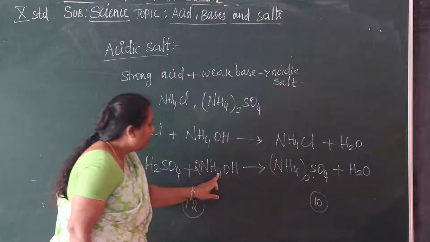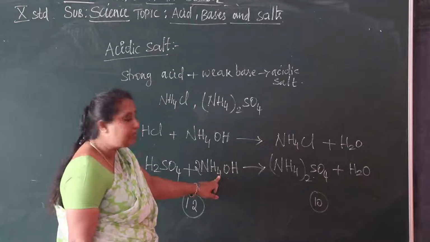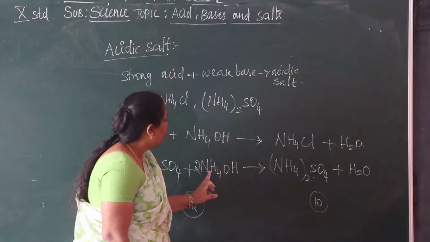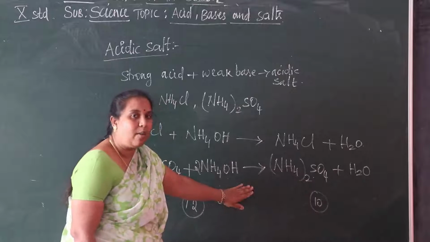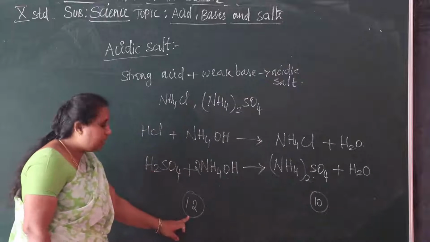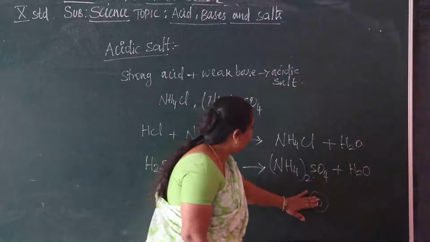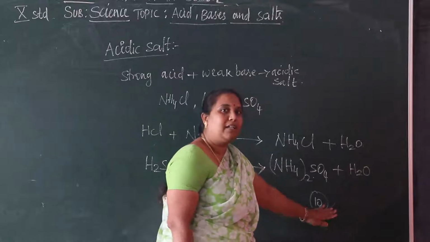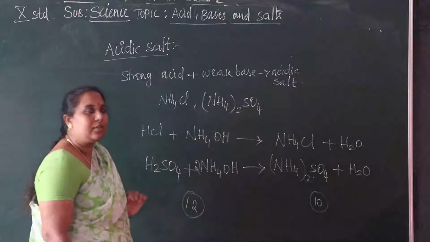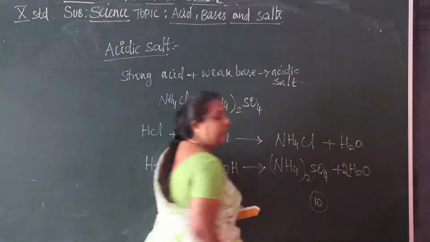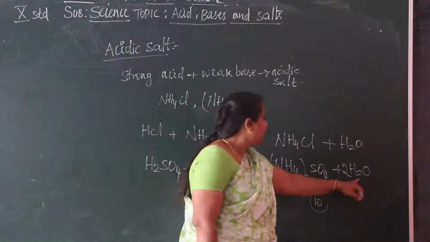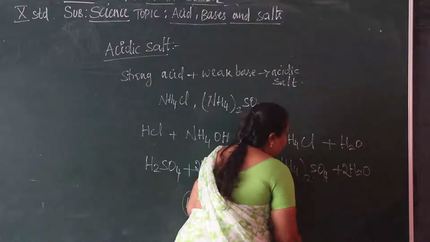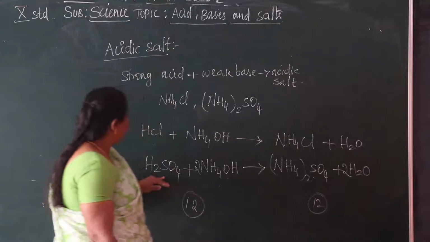On the product side, 4 twos are 8 hydrogen atoms plus 2, that is 10, but we want 12 atoms of hydrogen to balance. So we multiply by 2 here, and we have 12 on this side also. Now hydrogen is balanced.